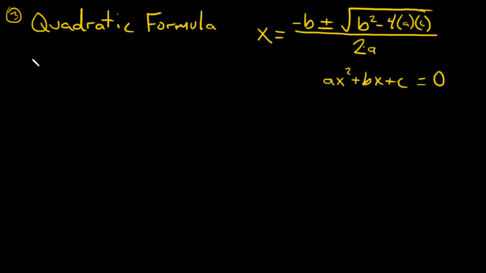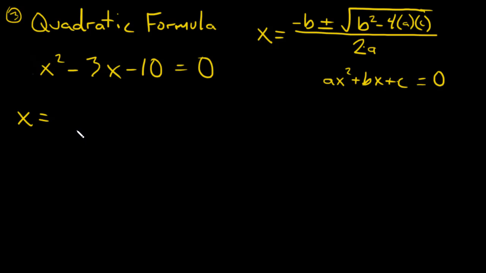But let's say I had 3x squared minus, you know what, let me do something that I know is going to come out right before I go into something crazy. Let me try x squared minus 3x minus 10 equals 0. Okay, so x is equal to, nope, that is not what I do.